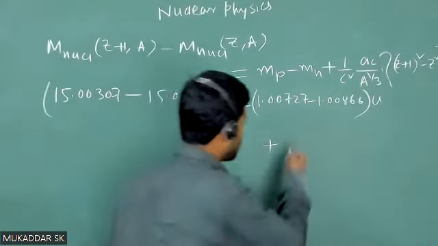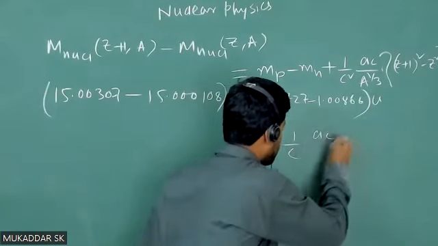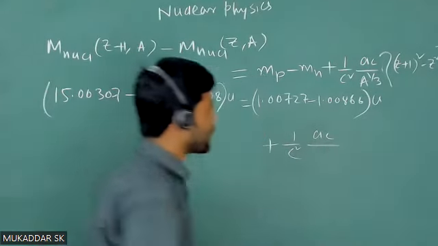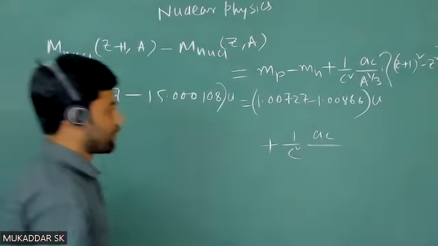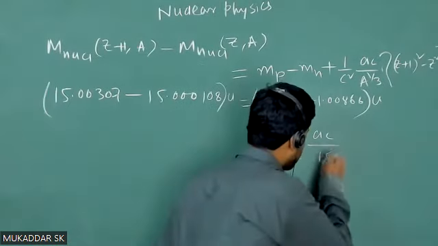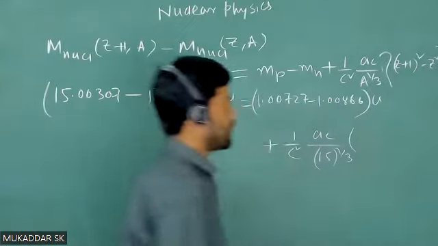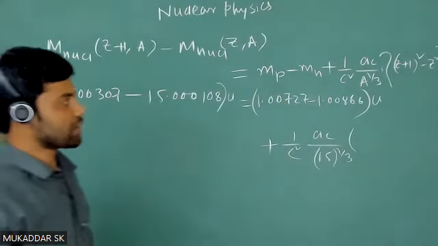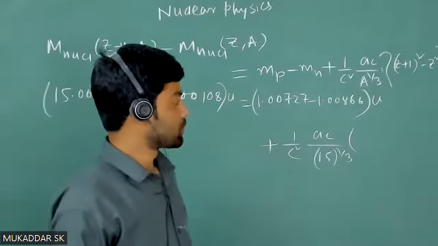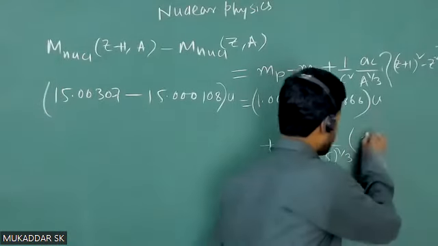Then you have 1/c² a_c. How much is A? A is 15 to the power 1/3. And you have (z plus 1) square. How much is (z plus 1) square? 8, right?